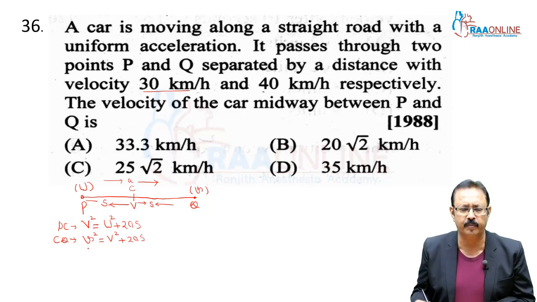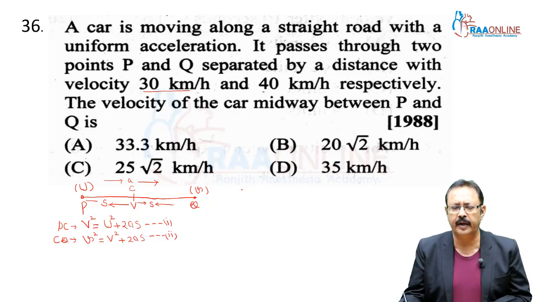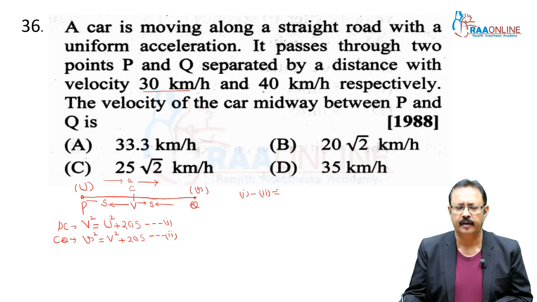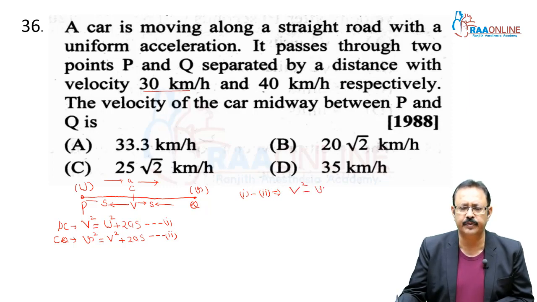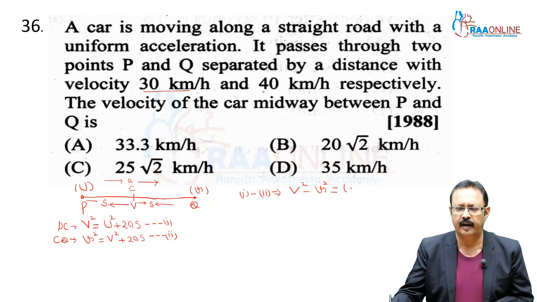Subtracting one relation from another, it is 1, it is 2. 1 minus 2 means V square minus V square on the left hand side and U square minus v square on the right hand side.